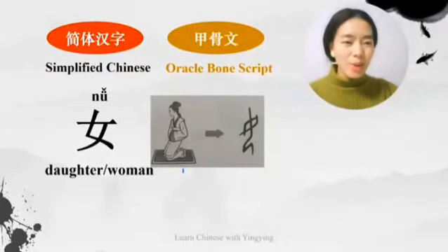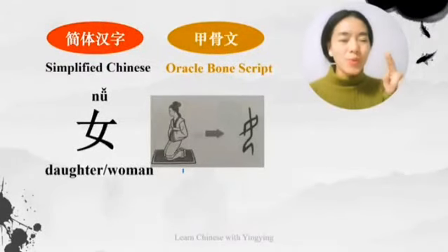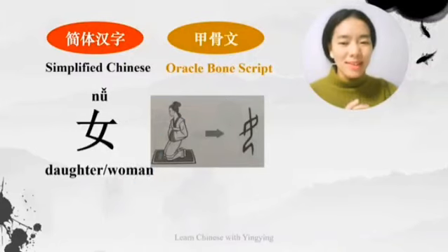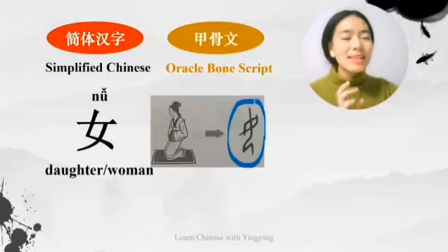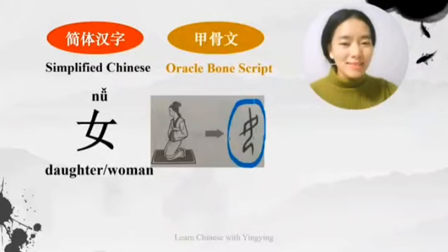The next word we are going to learn is 女. 女. It has 2 meanings. One is daughter, and another one is woman. And you can see here, the oracle bone script is very similar to mother, just without breastfeeding.